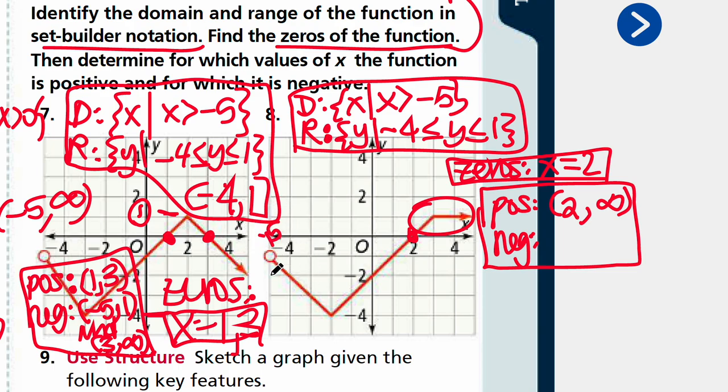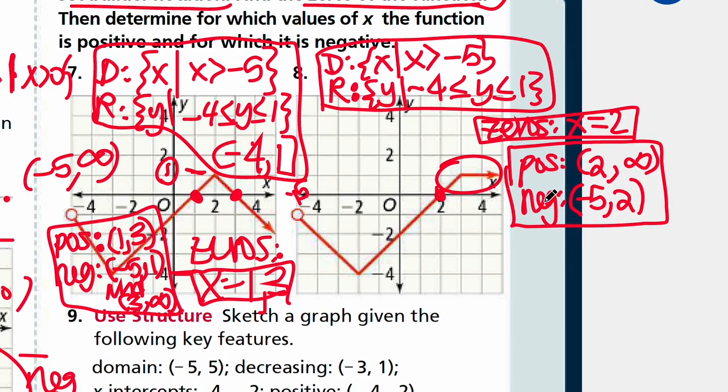Everything else is negative. So your y is negative when your x is from -5, not including -5, until 2, not including 2, because at 2 it's exactly 0, and 0 is neither negative or positive. Okay. So we're done with 7 and 8. Good. Let's look at number 9.